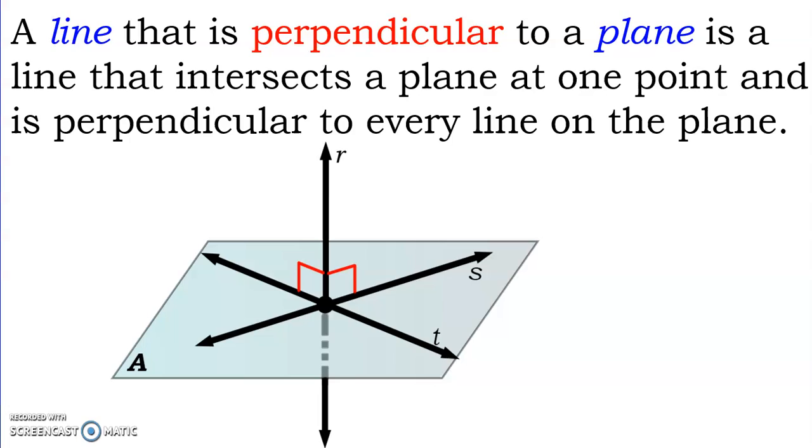Just picture it as one entity. And then we have line R, and line R is going to be perpendicular to everything if it is perpendicular to the plane. So you can see that line R is perpendicular to line S and perpendicular to line T. Therefore, since lines S and T are in plane A, we can conclude that line R is perpendicular to plane A.